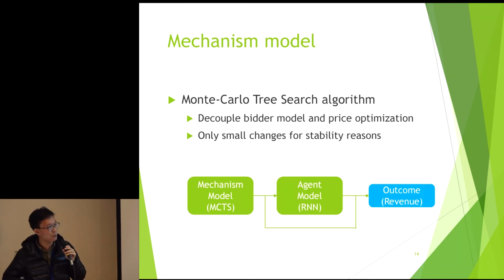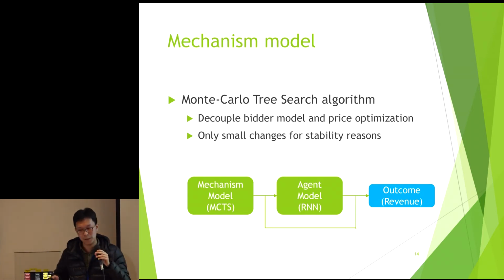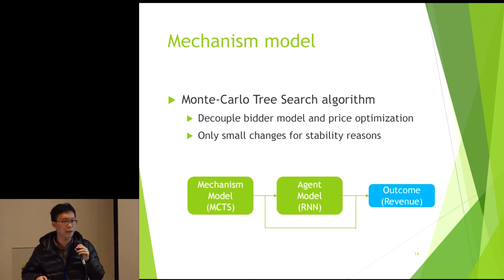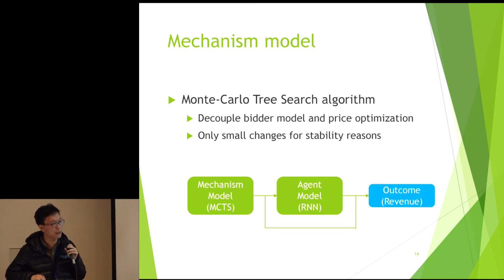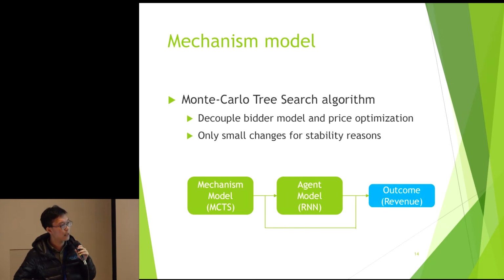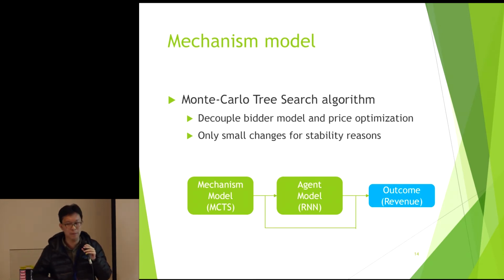Suppose that we are going to update this bidder behavior model or replace it with something better. If we are using some kind of deep learning-based algorithm, we may need to retrain this neural network here. But with Monte-Carlo tree search algorithm, we don't need to change anything. So for the outcome, our goal is to optimize the revenue of the platform.